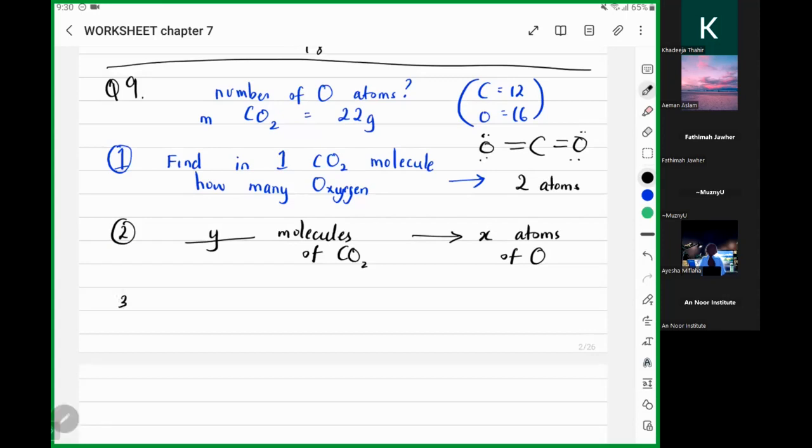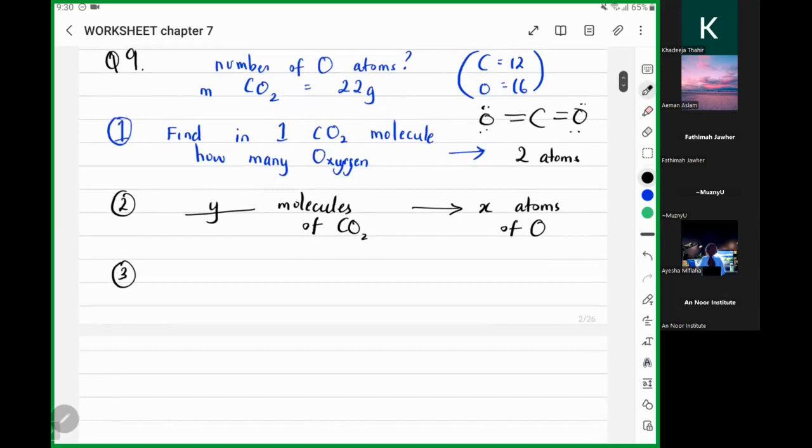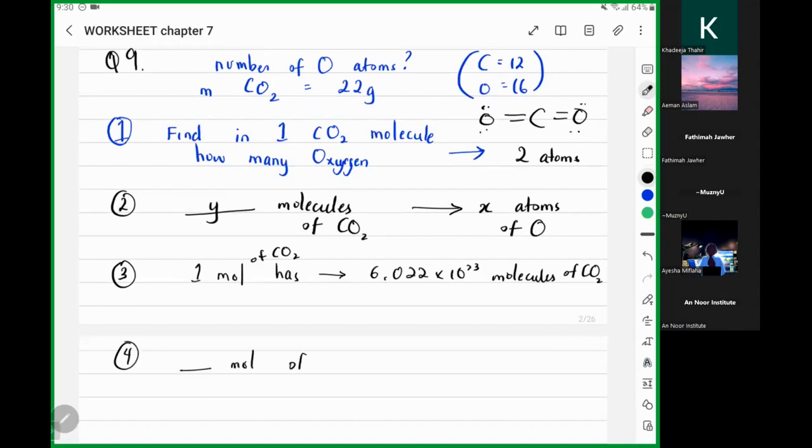So our next step will be to find the number of molecules. For that, you know that 1 mole of CO2 has 6.022 into 10 to the power 23 molecules of CO2.